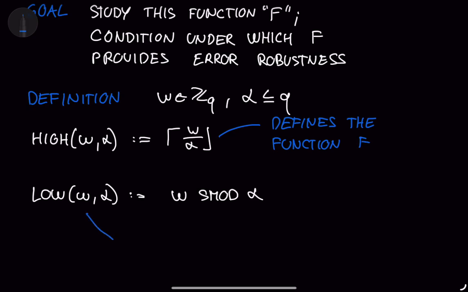And the Low function maintains error robustness if this value satisfies a certain bound.